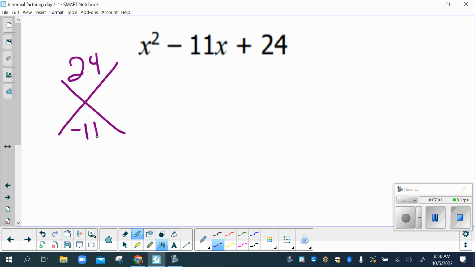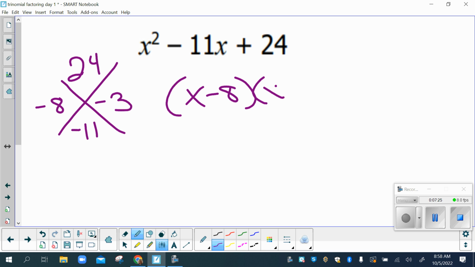So on this one, it's going to be two negative numbers. Does someone know what the two negative numbers are? 8 and, so close, 8 and 3. There you go. Negative 8, negative 3, right? So be careful. We're going to put this in as x minus 8, x minus 3, right?